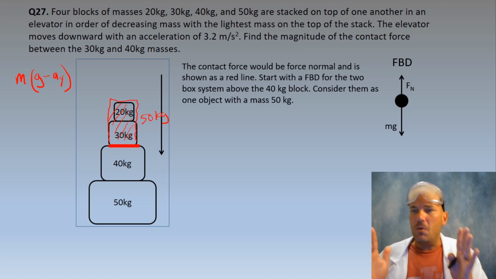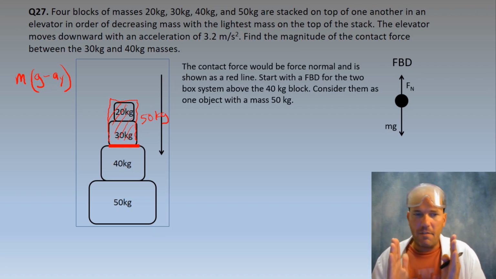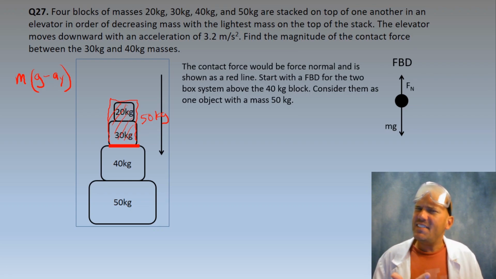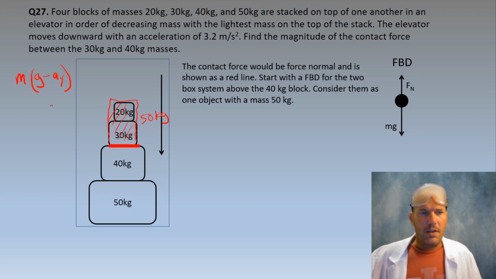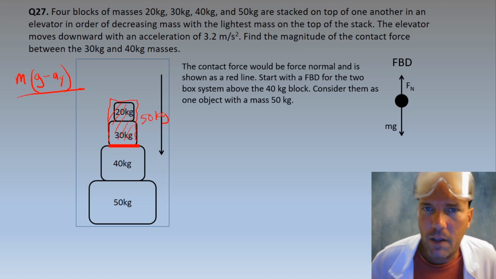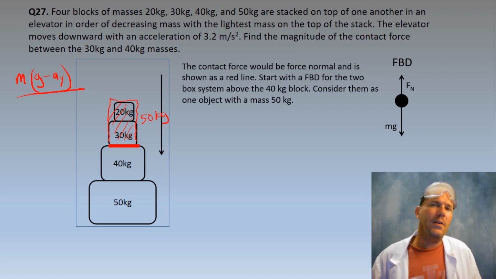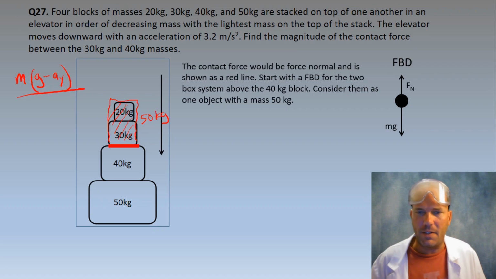So in our free body diagram, we have mass gravity, and the force normal is less in magnitude than mass gravity. Why? Right here's the answer. The system's accelerating downward, so we're going to have an apparent weight less than expected.